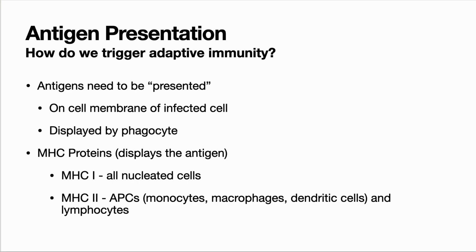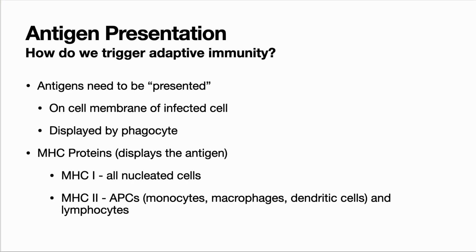All nucleated cells, any cell with a nucleus, with a couple of exceptions that I'm going to talk about, will have MHC1. So if an ordinary, everyday nucleated cell gets infected with a virus, it could take an antigen from that virus and present it on the surface of its cell membrane using MHC1.